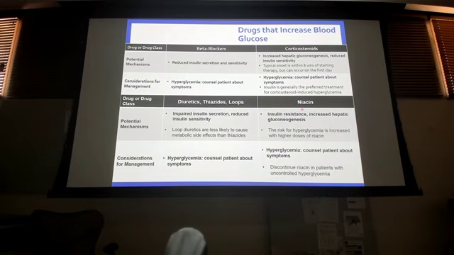I don't need you to remember all of the things that are happening here, right? All of them are going to increase the glucose levels in your patient. I don't need you to know what the mechanism is. I just need you to know that they have these drug interactions with these things, okay? So that is it. Not all of the potential mechanisms and the consideration for management, I don't need you to know that. Just that I can increase my glucose levels with these things.